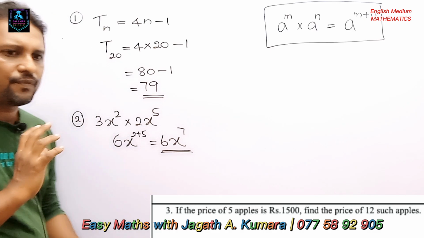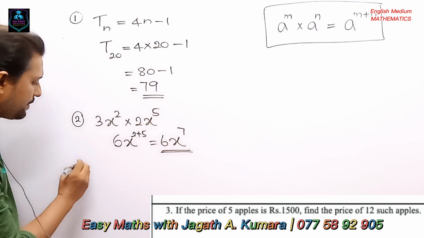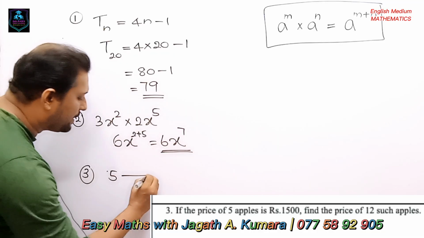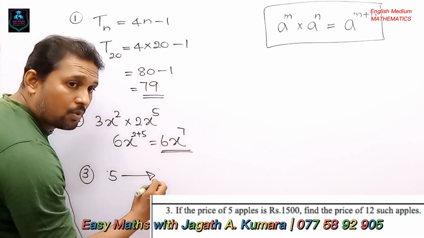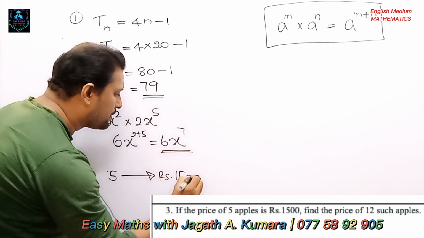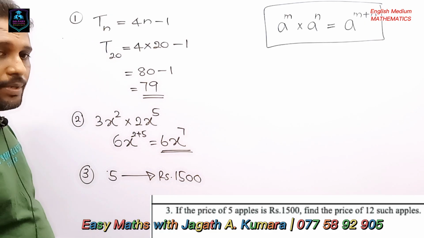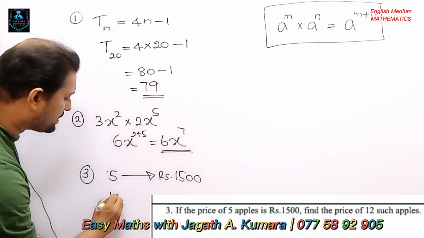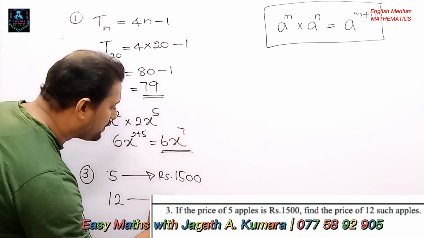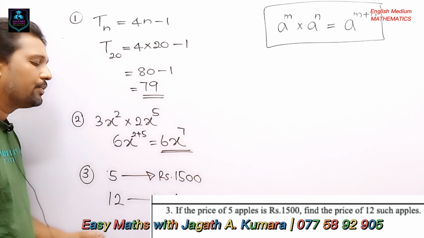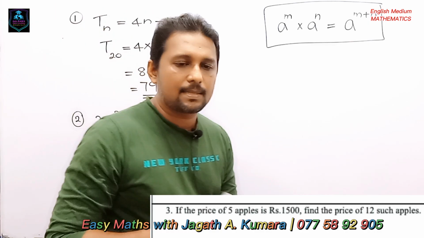The price of 5 apples given. 5 apples is equal to 1500 rupees. Then you have to find what is the price of 12 such apples. You think the price of 12 apples is x rupees, then you have to find what is the value of x.